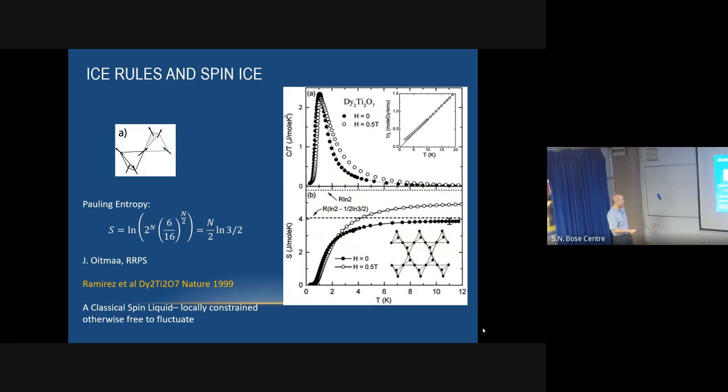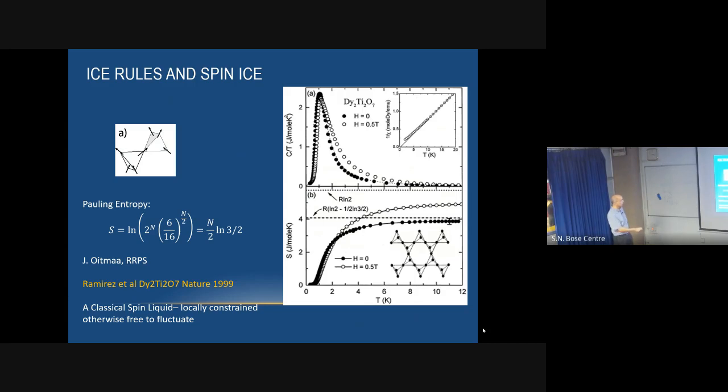And when you measure the heat capacity, the black dots are in zero field. So if you measure the heat capacity and then integrate C over T to get the entropy, you find that the entropy change between low temperature and high temperature differs from R log 2 by precisely this Pauling value.